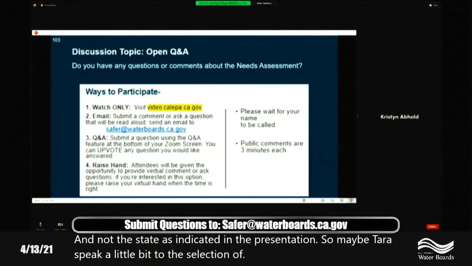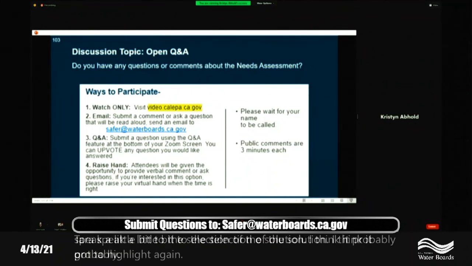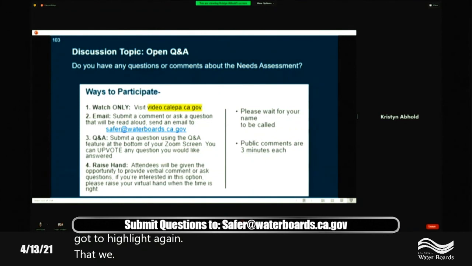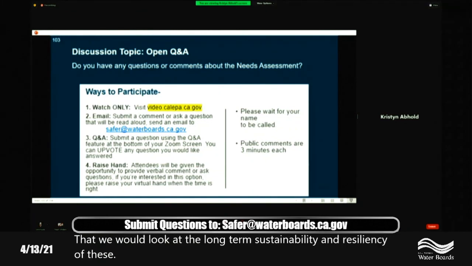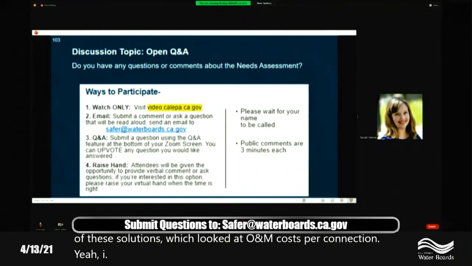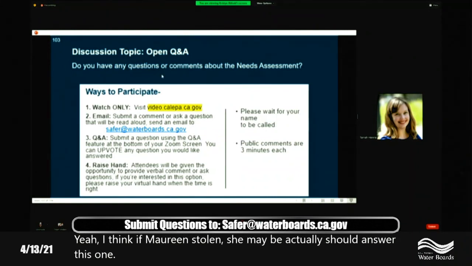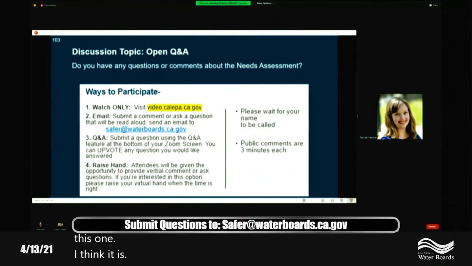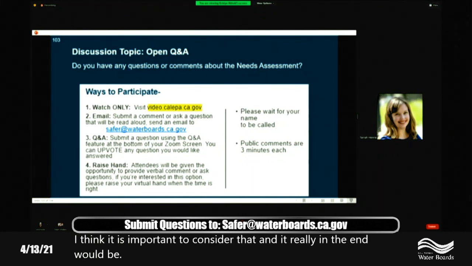I think it's probably good to highlight again that we looked at the long-term sustainability and resiliency of these solutions, which looked at O&M costs per connection. Yeah, I think if Maureen's still on, she maybe actually should answer this one. I think it is important to consider that, and in the end it would be a system by system decision.